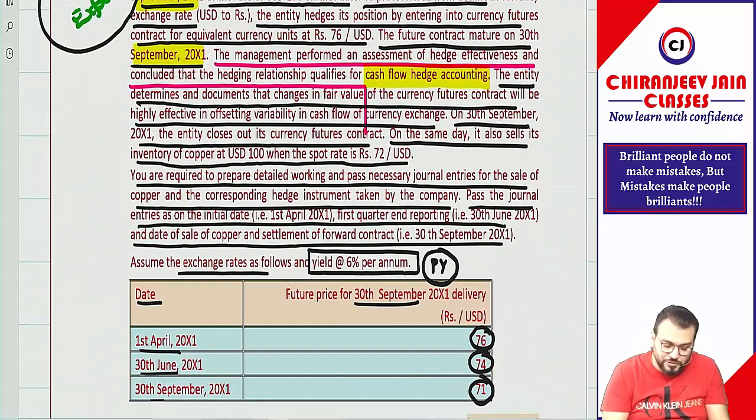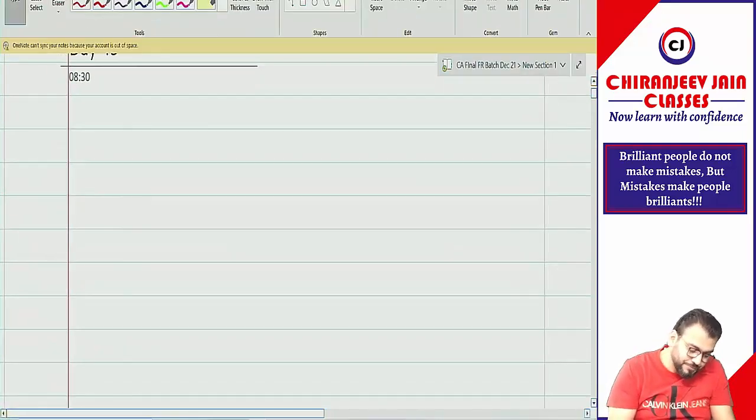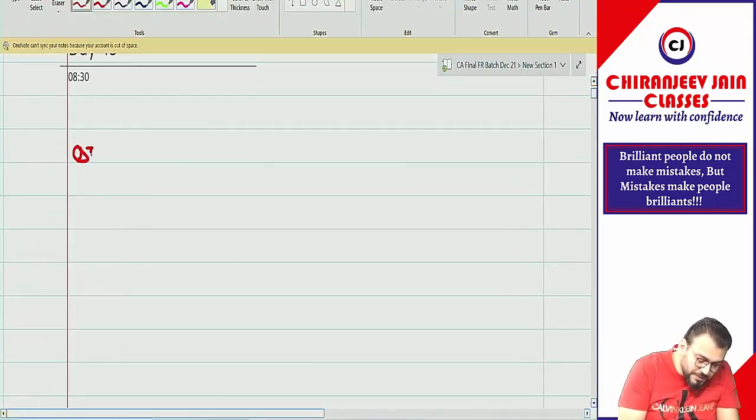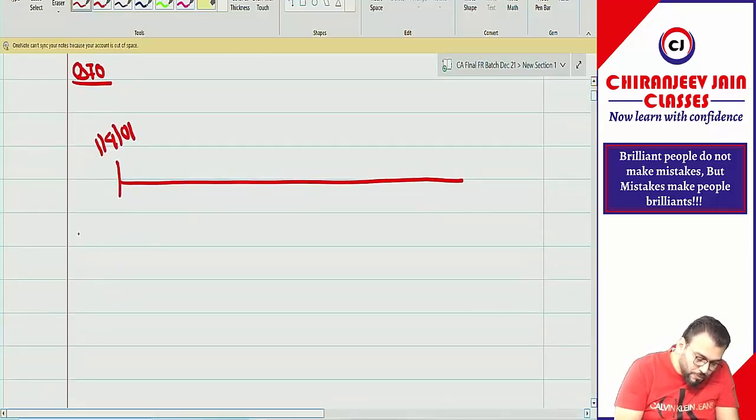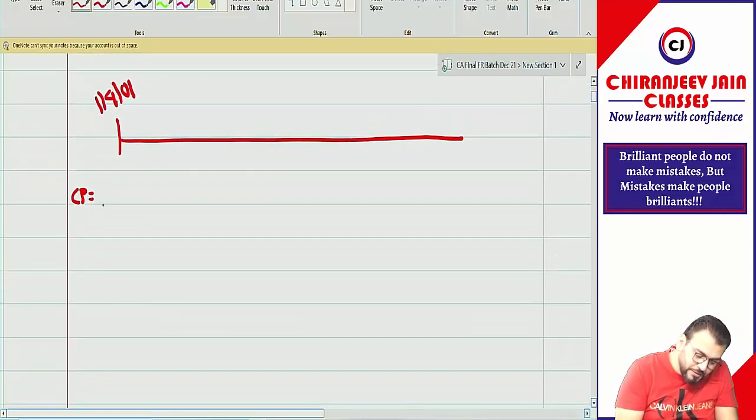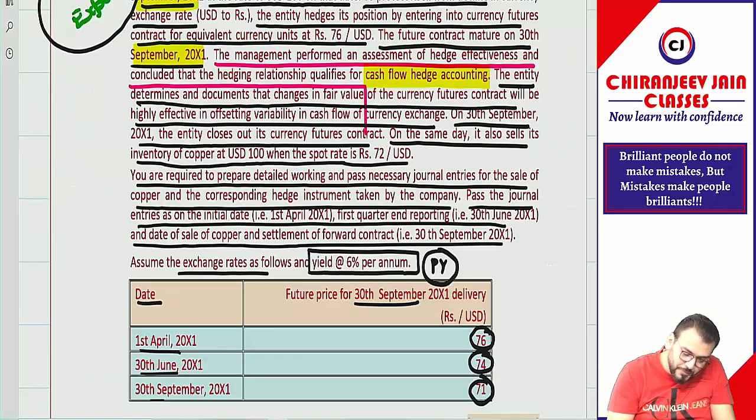Now let us come to the solution. You have drawn the timeline. So question number 70 we are doing. What is the date of contract? 1/4/2001. What is the cost price of inventory? It is how many inventory? 100 kg.